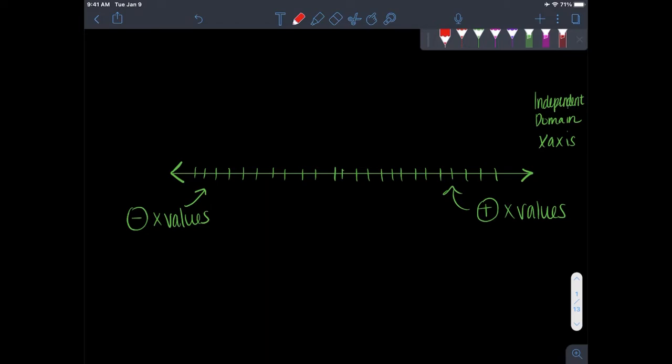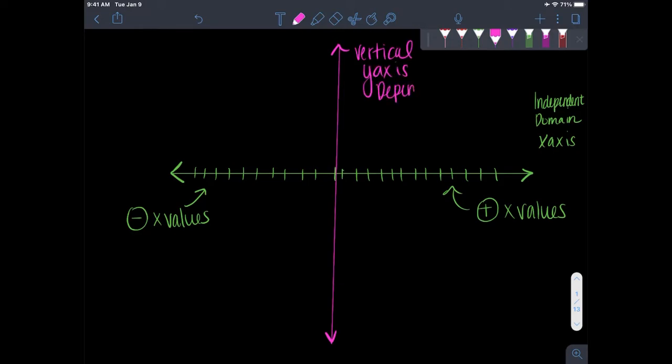But there's also a y-axis. The interesting thing about the y-axis is that it always goes up and down, meaning it's vertical. We can also call this dependent, and we can also call this my range.